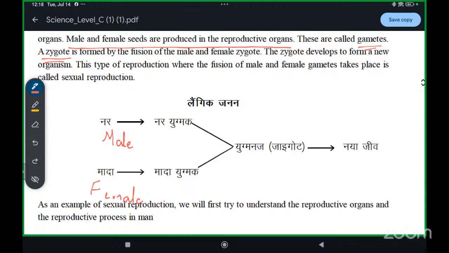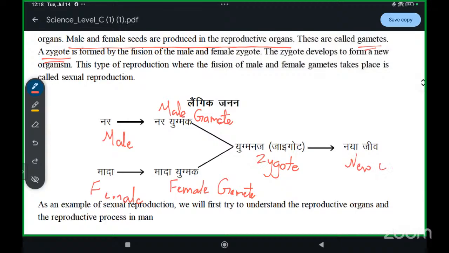Here it is written male gametes, and here female gametes, and here zygote, which develops into, here it's written, new organism.